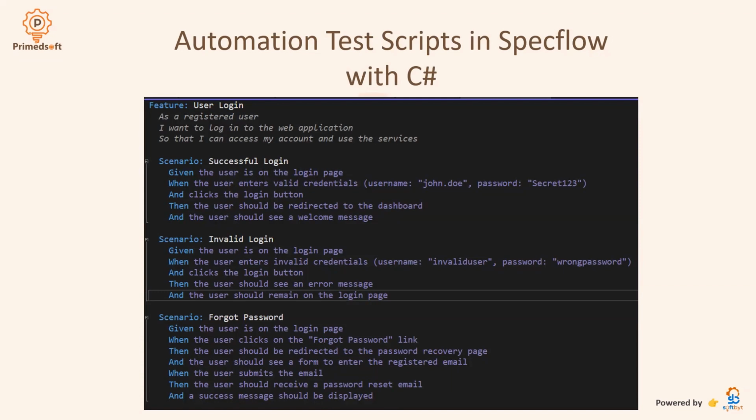It's not something you are not familiar with. You can look at this and say, oh okay, this is something I'm used to. You can see this is a sample of a test script in SpecFlow with C#. As it is, this is what is called a feature file.